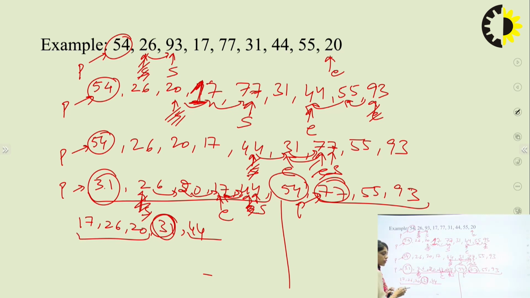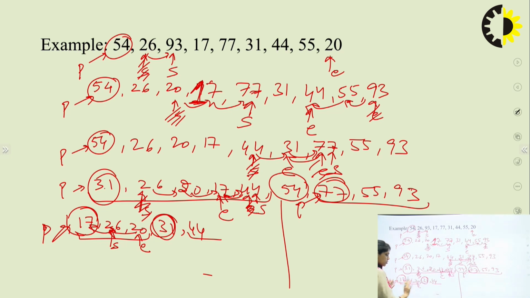We will take the left half now. This is your pivot. Now this is your pivot. S, E. Start. It is greater, we will stop here. This is smaller, greater, we will move forward. It is greater, we will move forward. It is smaller.